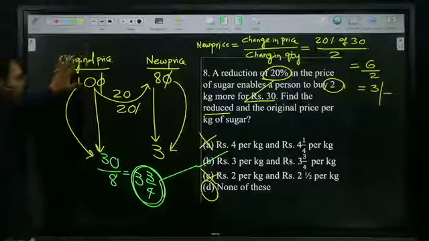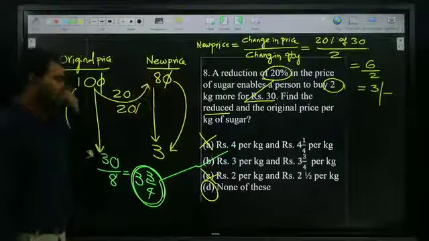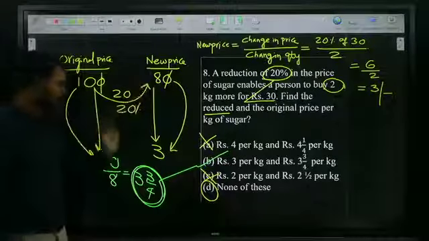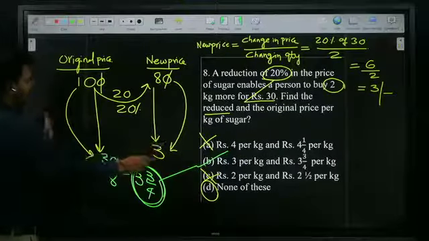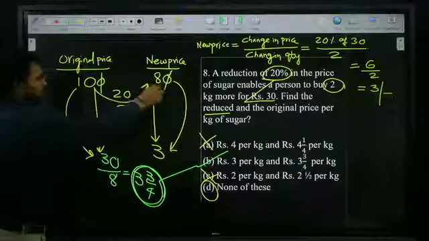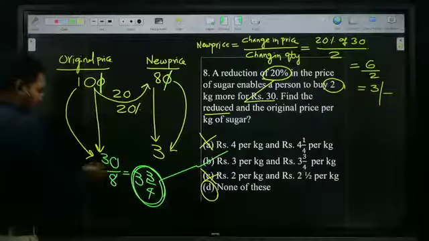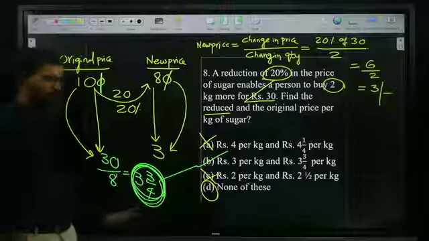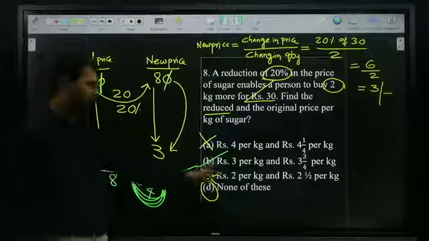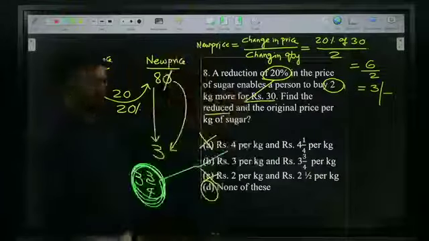According to 100, with a 20% reduction the new price is 80, but according to our problem it is 3 rupees. So how many times does it go? Zeros cancel, then 3 into 10, 30 by 8, which is nothing but 3 by 4. So the original price is 3 by 4. Your option is 3 comma 3 by 4. All of you okay? This is a very important question.